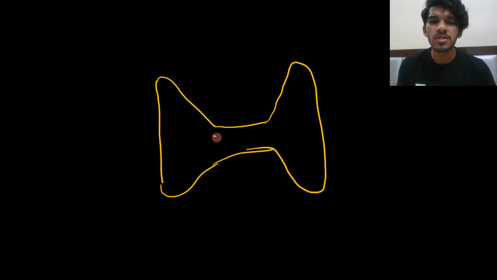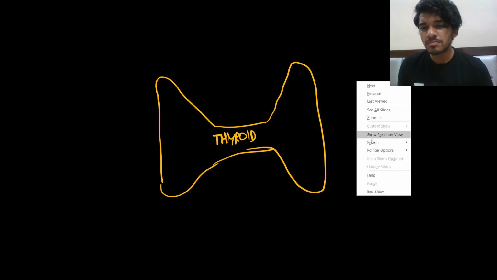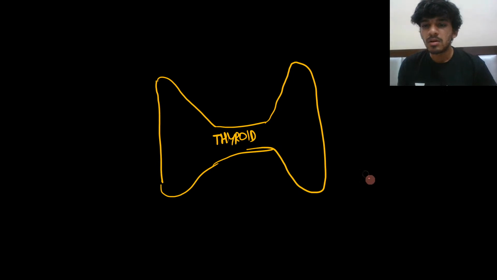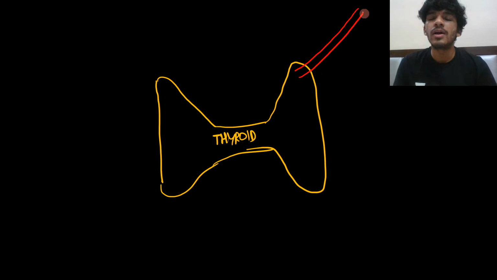So if this is your thyroid, let's say I have drawn your thyroid, this is the isthmus. This is your thyroid gland. So now I told you that your external carotid is giving a branch here known as the superior thyroid artery. And from your subclavian, right, there is a branch.